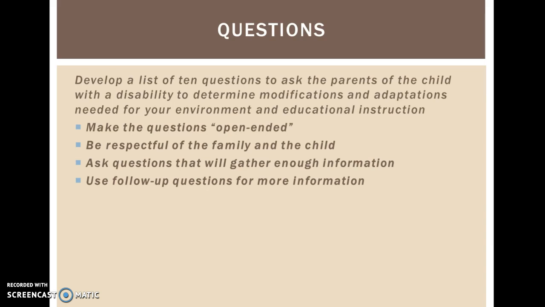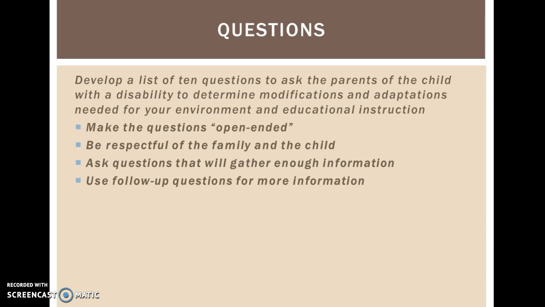You want to make sure that you are always respectful of the family and the child. Use people first language, so child with disability versus disabled child. Child with Down syndrome versus Down syndrome child. You want to ask questions that will give you enough information so that you can have enough content to put into your presentation.